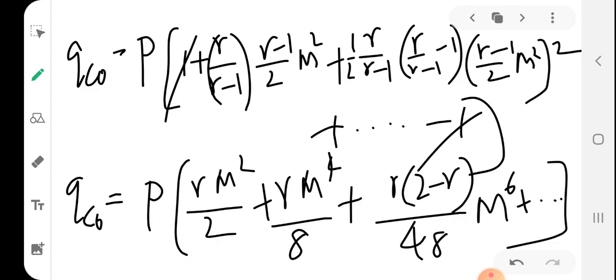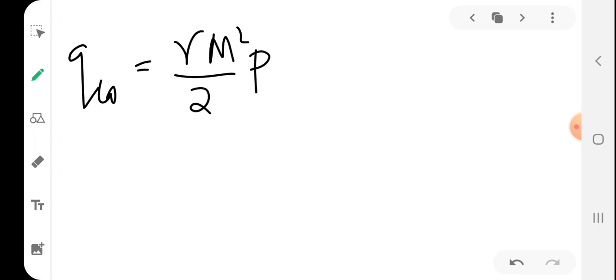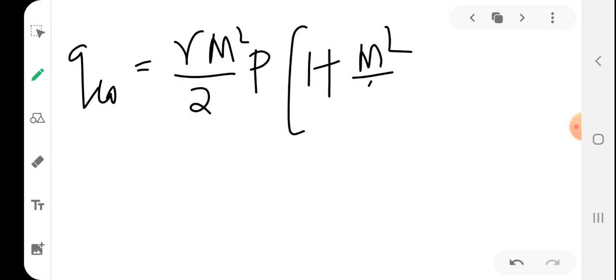So students, you can note that in the first term it is Mach square, next is Mach raised to 4, next is Mach raised to 6, then Mach raised to 8 comes. So you can take gamma and Mach square by 2 outside, and P also outside the bracket. So what is remaining? 1 plus M square by 4, and the series continues.